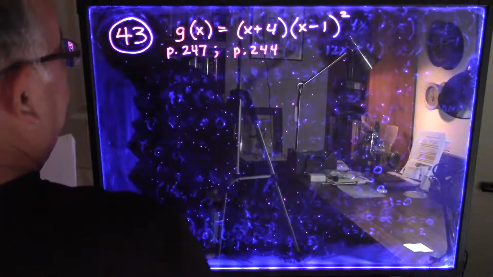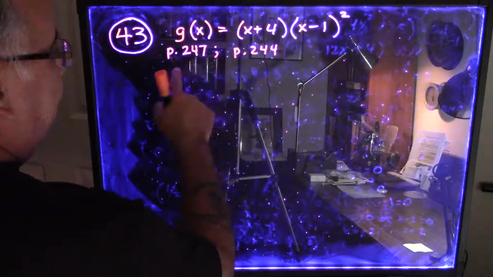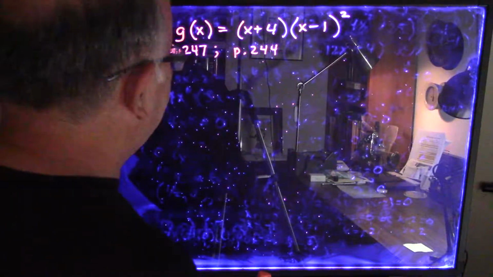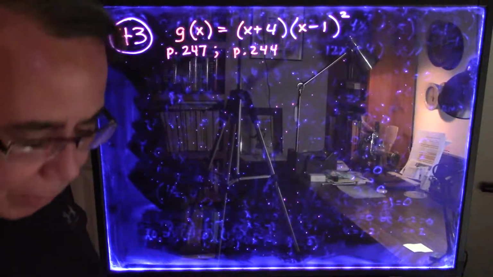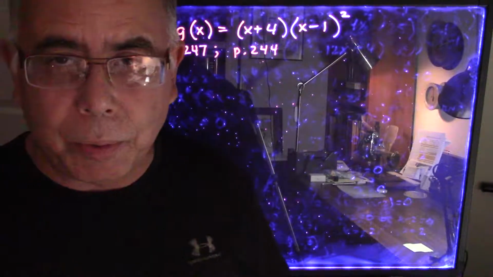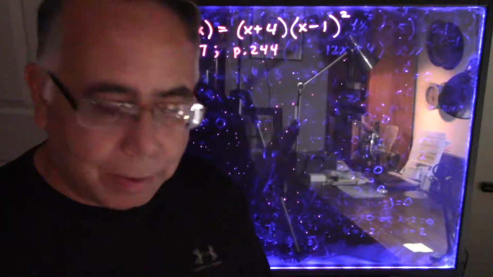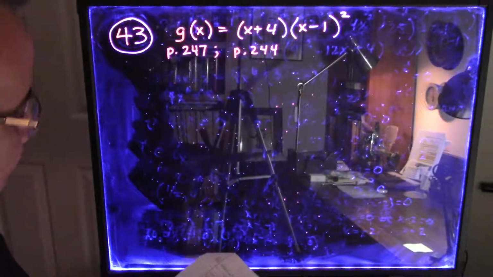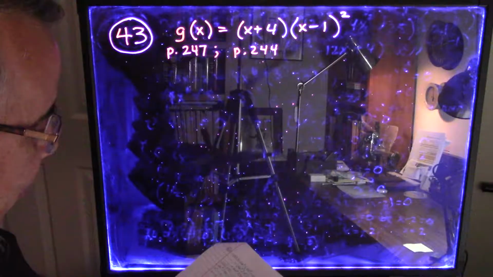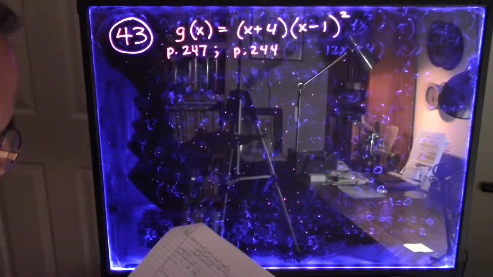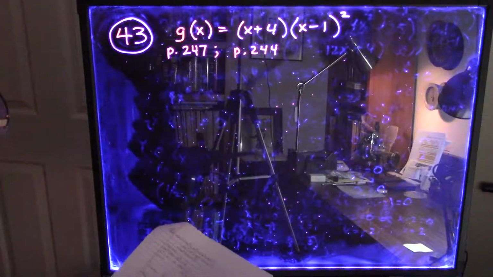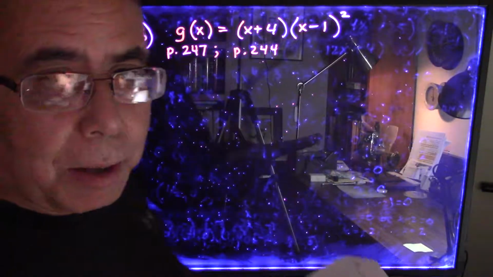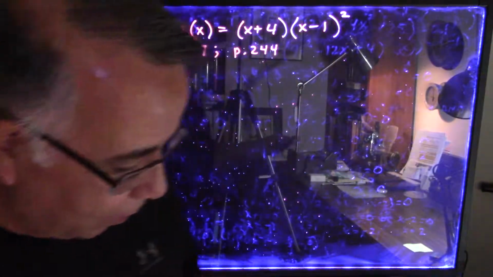All right. So if I were you, I'd print these out and use those as study guides when you are preparing for a test, perhaps. So these give you what you need to know to graph these by hand. All right. So on page 247, it gives you a step-by-step procedure for graphing these functions.